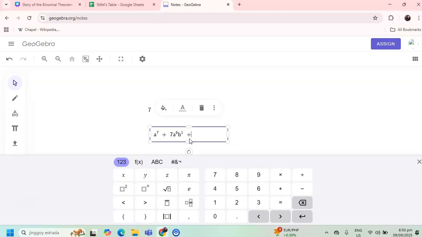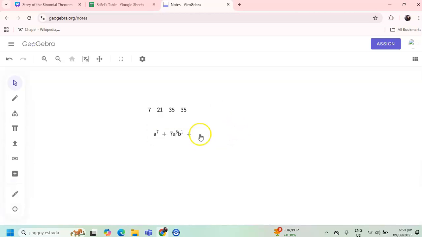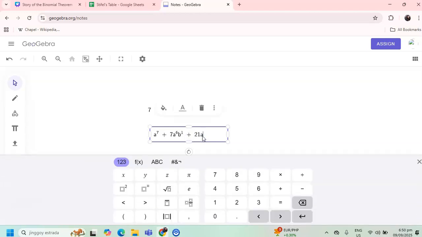Okay, now for the third term, what is the second coefficient? 21. So we write 21, then decrease the exponent of a, we have a to the 5th, increase the exponent of b, then we have b squared.